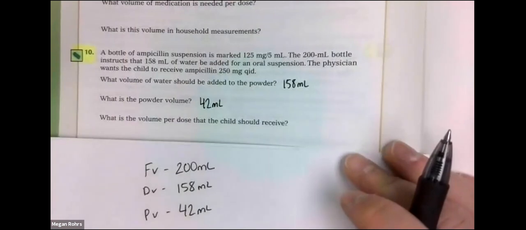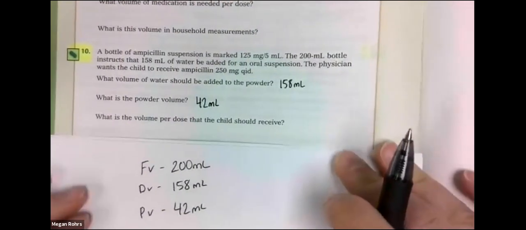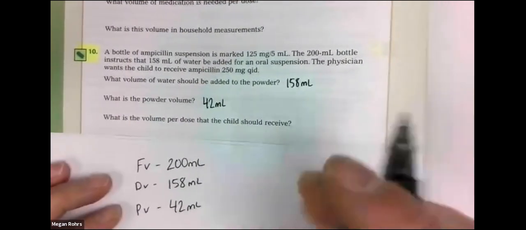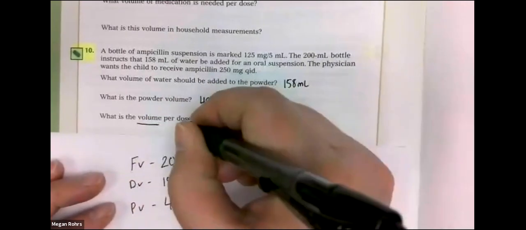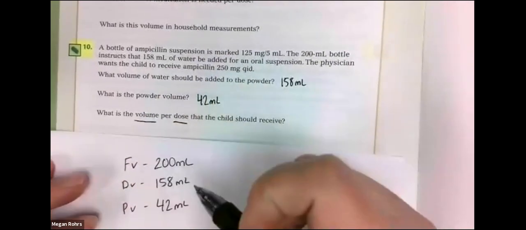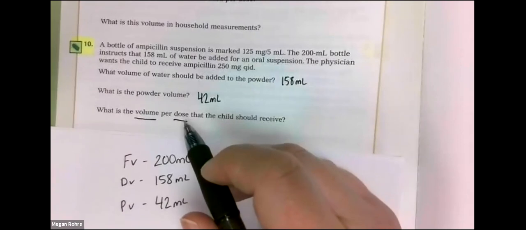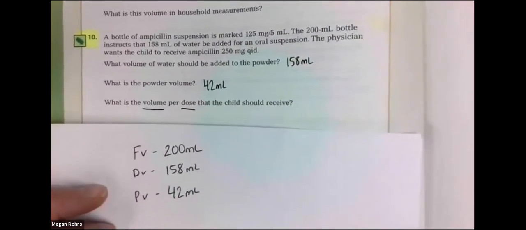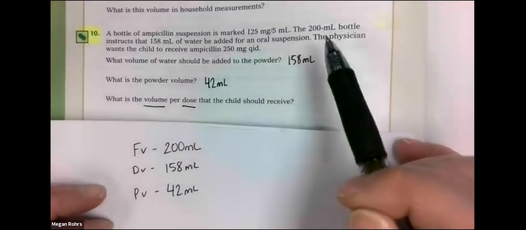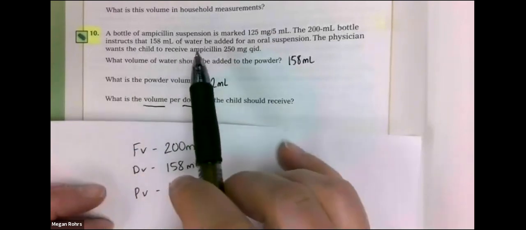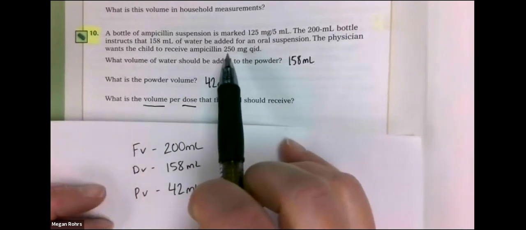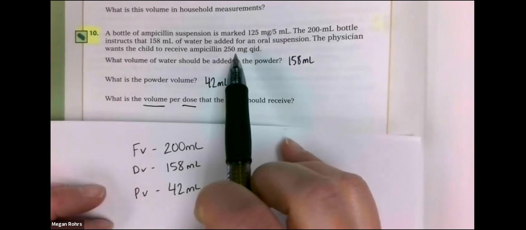Now it says, what is the volume per dose that the child should receive? So we're looking for the volume per dose, or the dose volume. Dose is what's given at one time. The physician wants a child to receive 250 milligrams each time.